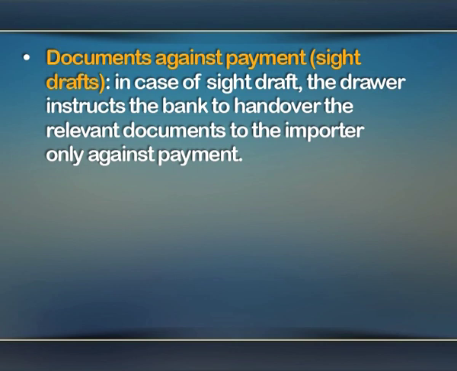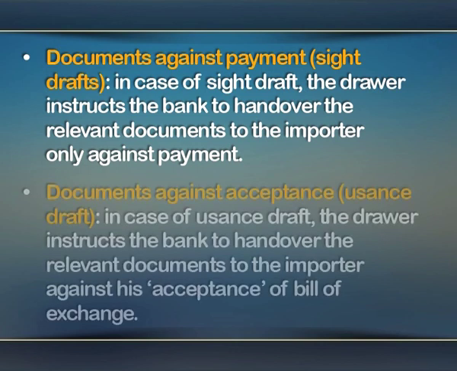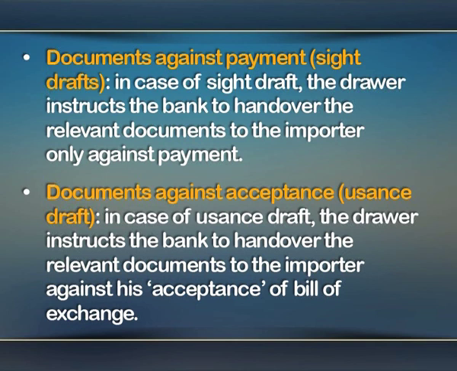In case of sight draft, the drawer instructs the bank to hand over the relevant documents to the importer only against payment. Documents against acceptance, usance draft. In case of usance draft, the drawer instructs the bank to hand over the relevant documents to the importer against his acceptance of bill of exchange.